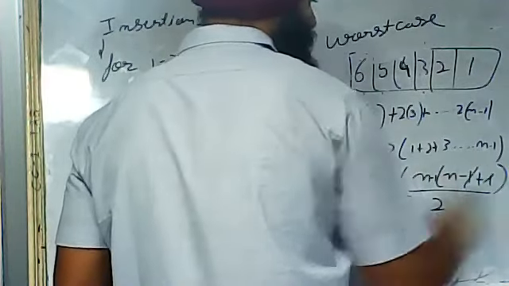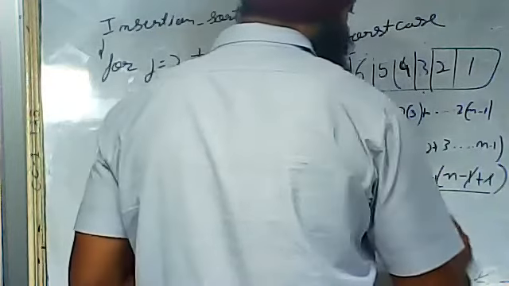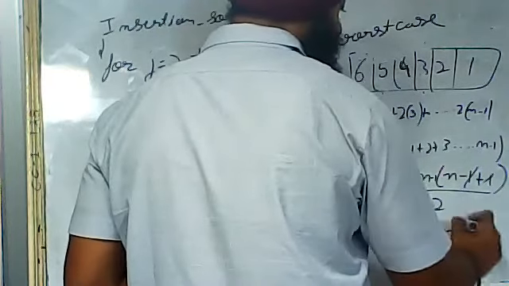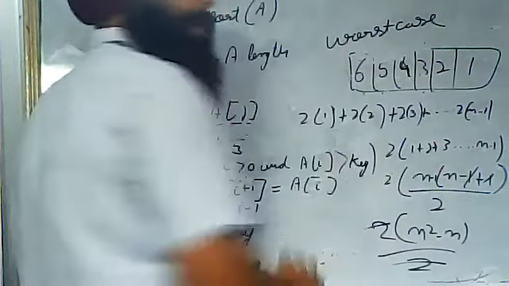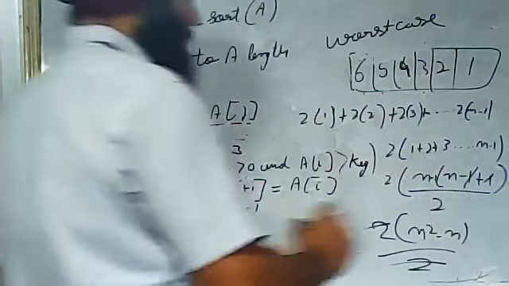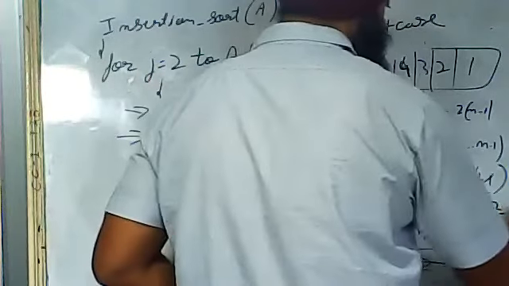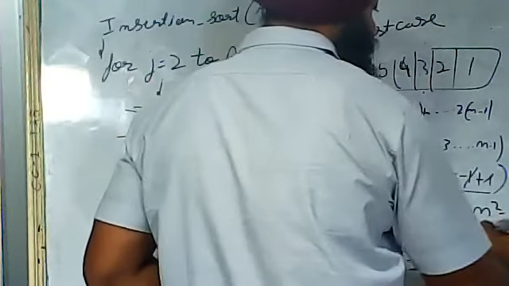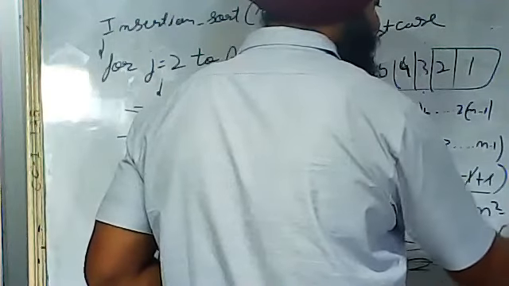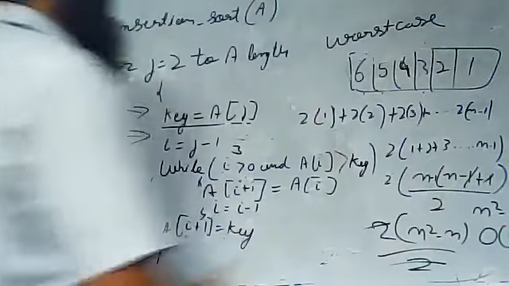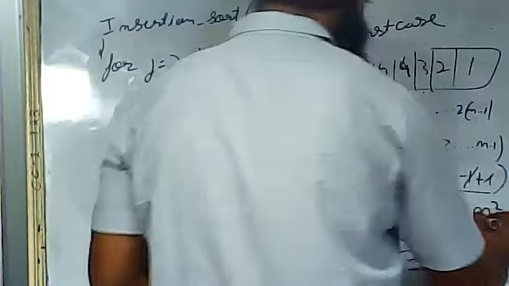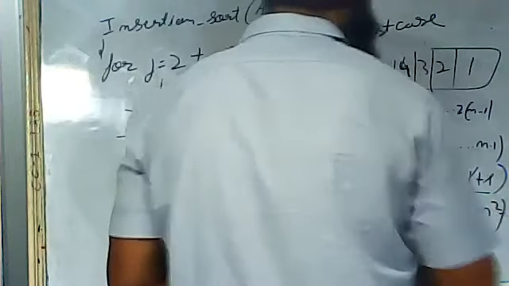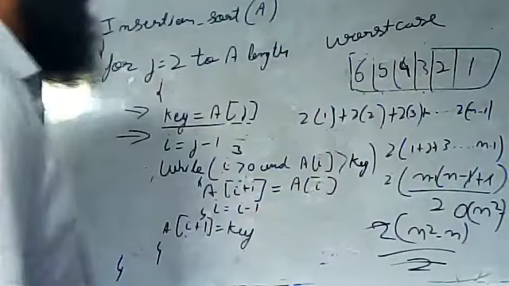So if I cancel this plus 1 and minus 1, this will become n square minus n divided by 2. So this is our polynomial equation in this case, that is n square minus n. Which one is bigger out of these two? We'll consider that bigger one. This is our worst case time complexity, that is big O of n square.